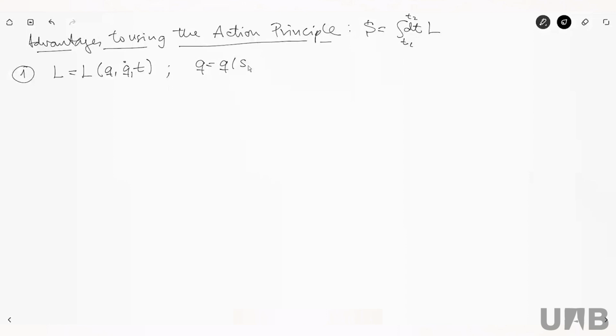So let me just be a little bit more precise, and write all the dependencies. So this is q of t, q dot of t, and then the explicit time dependence. And now we make a change of variables. So then q is a function of another variable s and t.